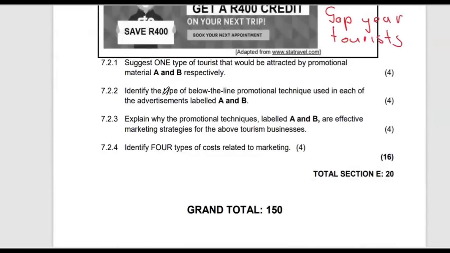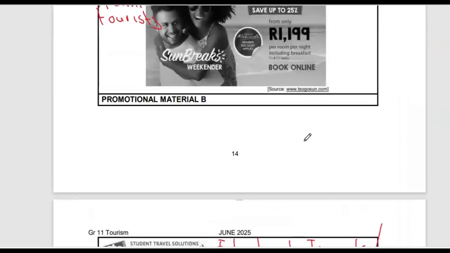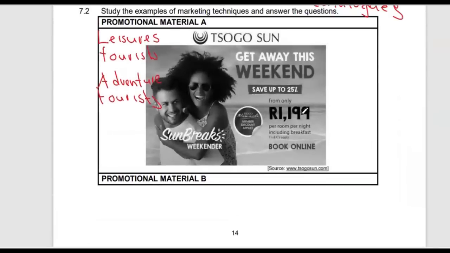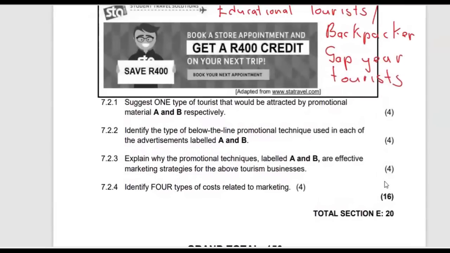Then identify the type of below the line marketing promotional technique used in each of the advertisements. All right, so in the first one, we have save up to 25%. We have discounts.